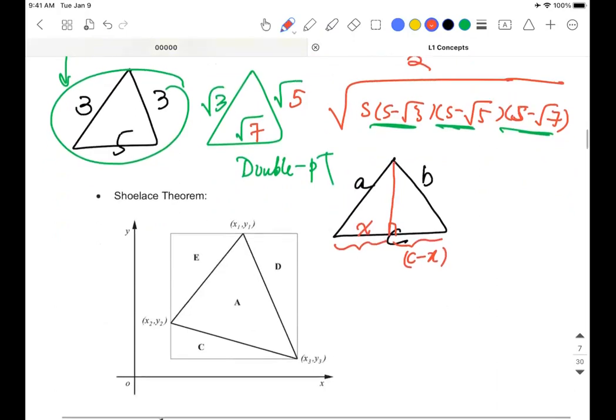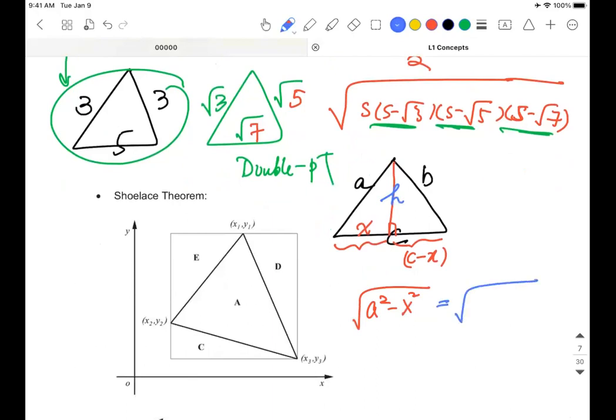Because you have two right triangles on the left and on the right, you can say square root of a squared minus x squared, this is going to be your height h, will equal the square root of b squared minus (c minus x) squared, right? Which is understandable, there's nothing too flowery.